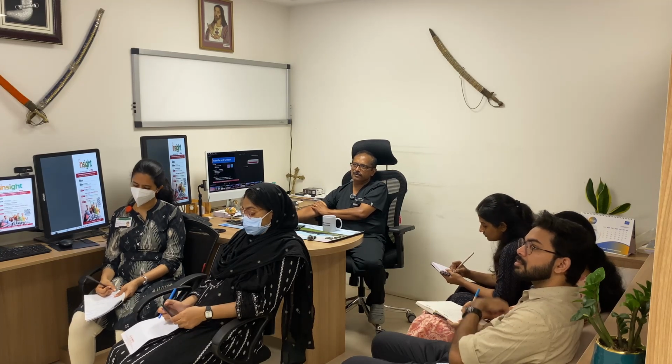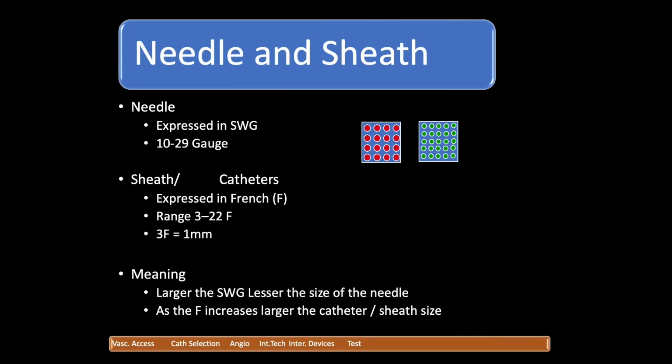So when you look at needle and sheath, the needle that you puncture with is expressed in standard wire gauge. Needles are in the range of 10 to 29 gauge, and sheath is expressed in French, starting from 3 French to say 18 French, 24 French.